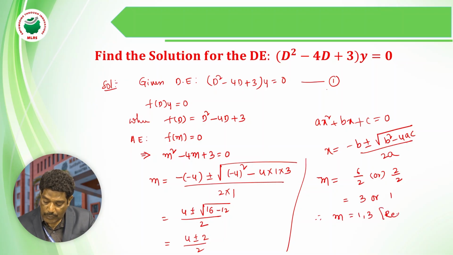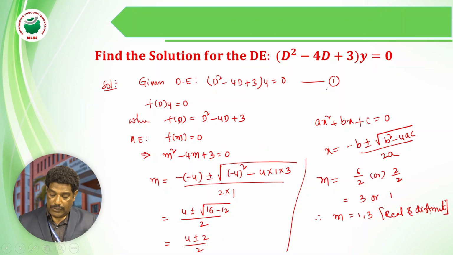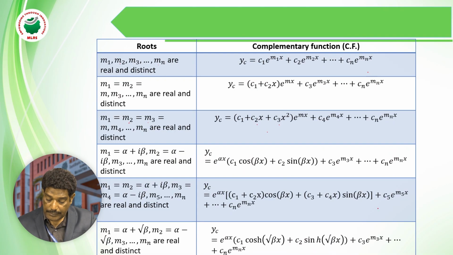Here you can observe both the numbers are real and both are distinct. Then how do we write the complementary function CF, also called yc? Just go back. Here you can observe m1, m2, m3 and so on up to mn are real and distinct.